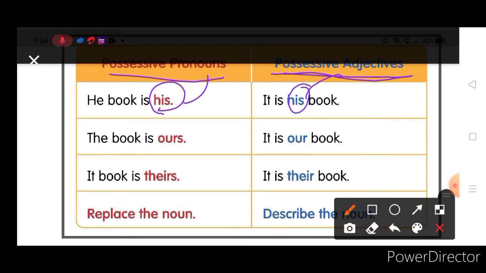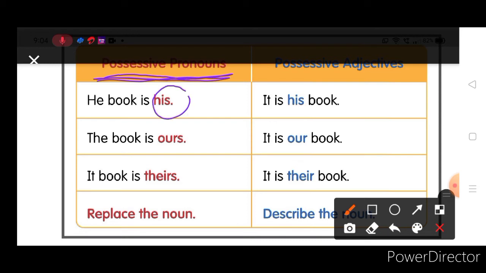Now, to make it one small simple trick, I will tell you. Possessive pronouns most of the time come in the end part of the sentence. Okay, this is one point you have to remember.